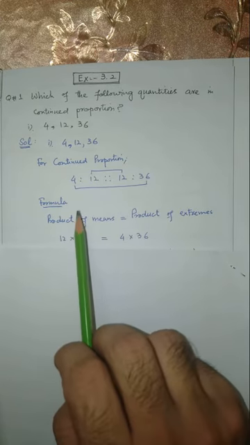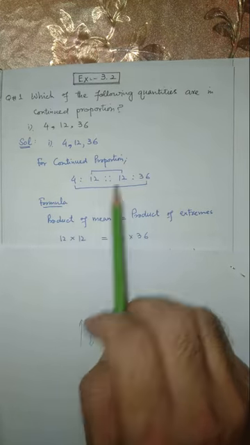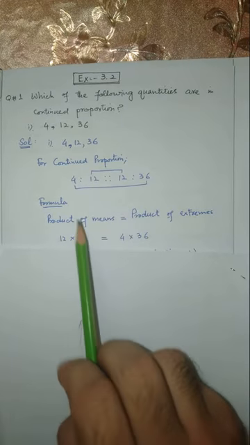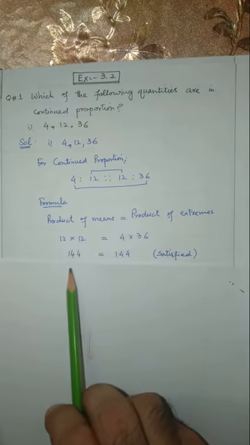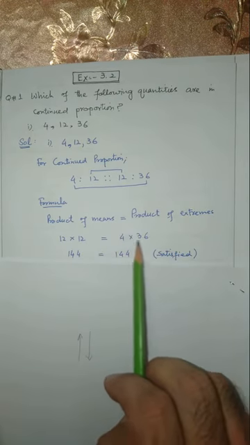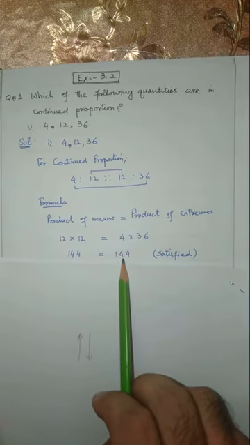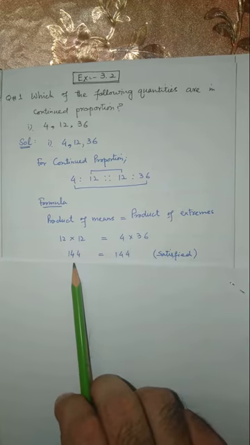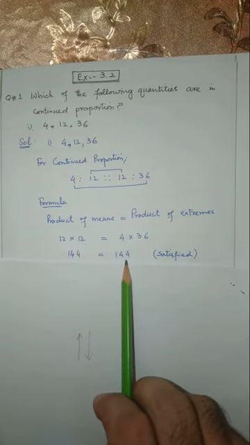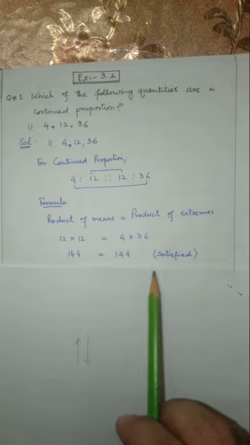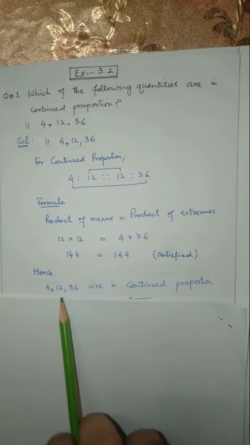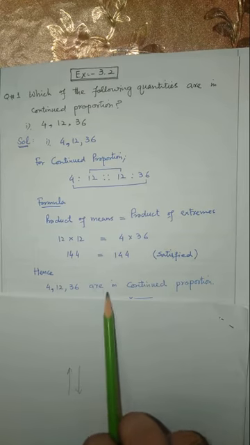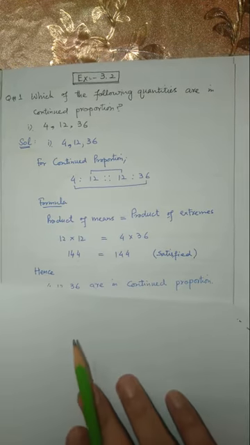Now, the means are 12 and 12, so 12 will multiply with 12 and 4 will multiply with 36. 12 times 12 is 144 and 4 times 36 is 144. The left hand side is equal to the right hand side, so it is continued proportional. Hence, 4, 12, 36 are in continued proportional.